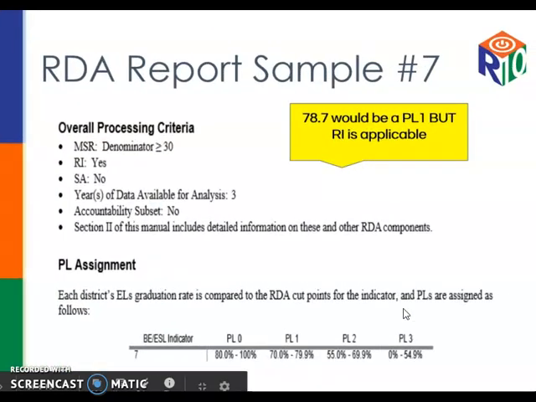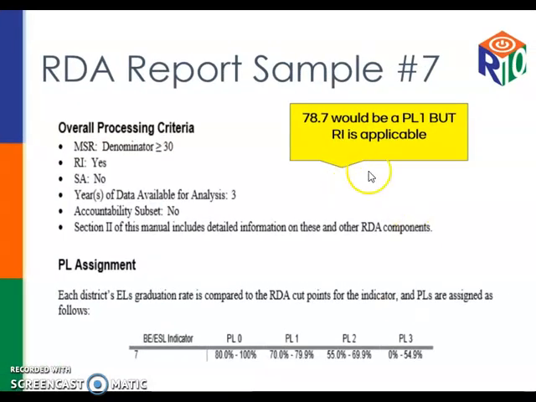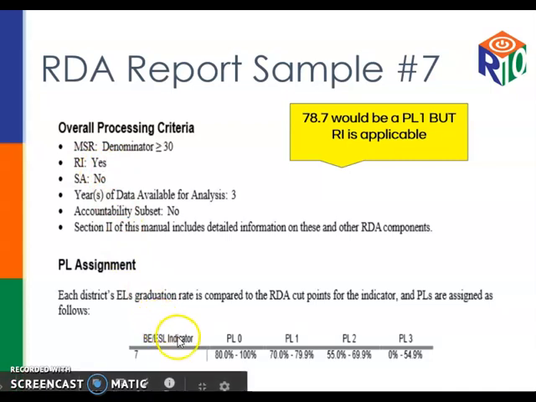So now we're going to do another example. This is report sample number 7 because we're looking at indicator 7. Again, I provided the criteria. I want you to look specifically at RI, required improvement, and it says yes, this is applicable. This is going to impact our PL level, and I will explain why.